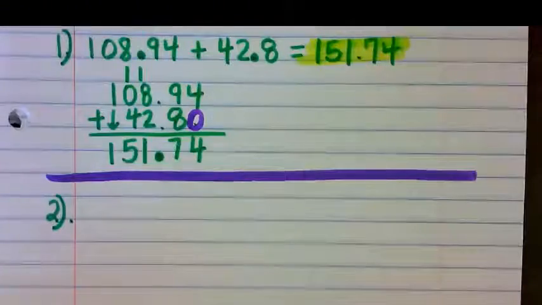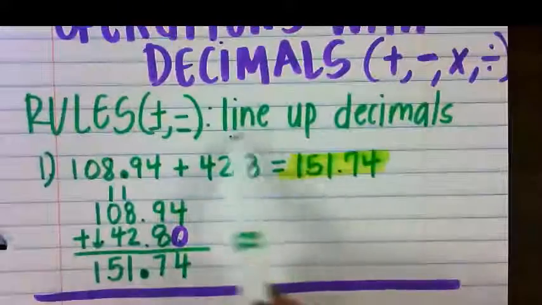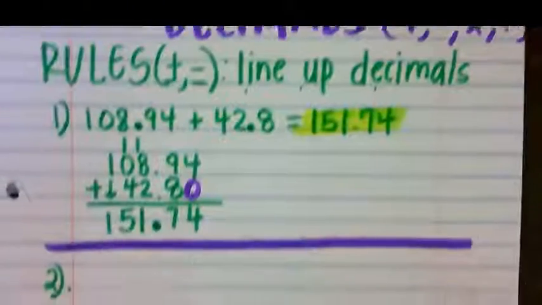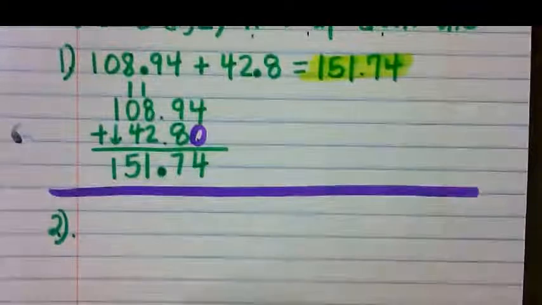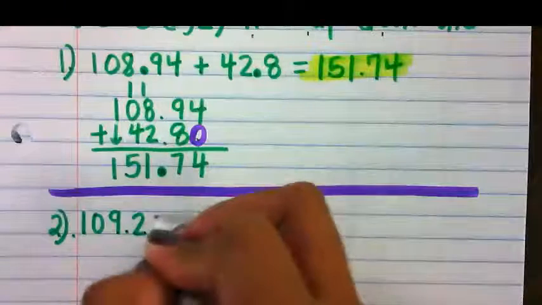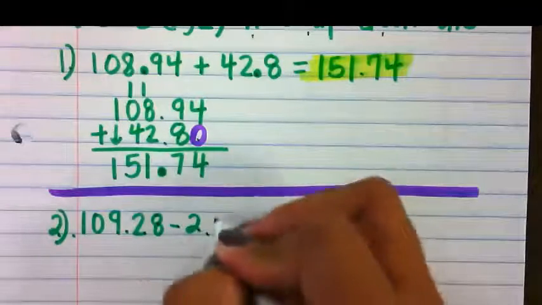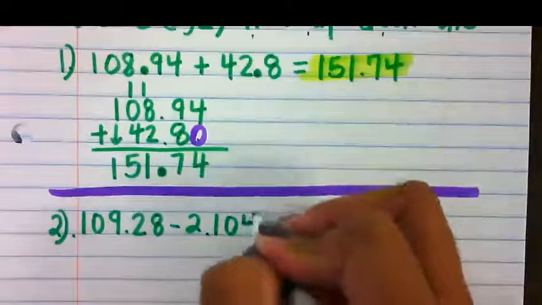Number 2, we need to subtract decimals. Same rules, line up decimals, same rule. So I am going to subtract the two decimals, 109.28 minus 2.104.